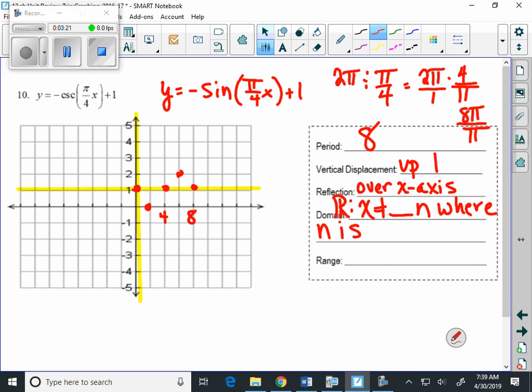But don't connect the dots there, because what we've got on our yellow line is where the zeros of the function are. And that means that we have an asymptote here.